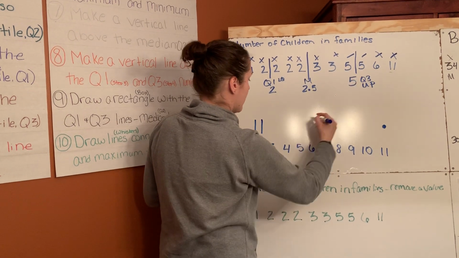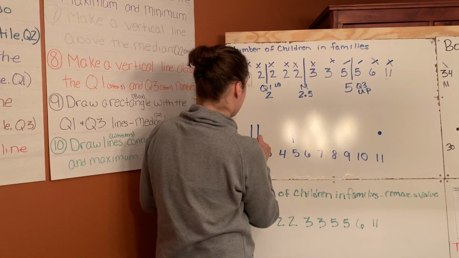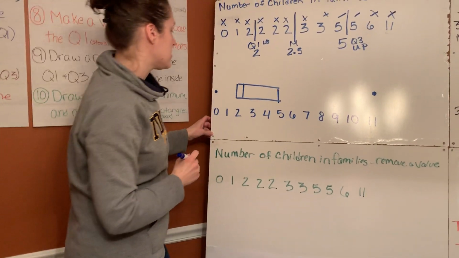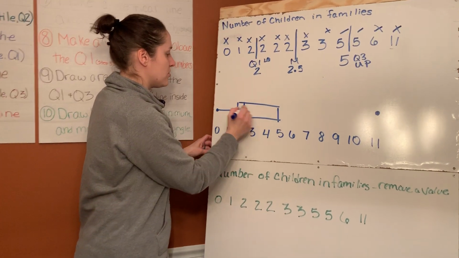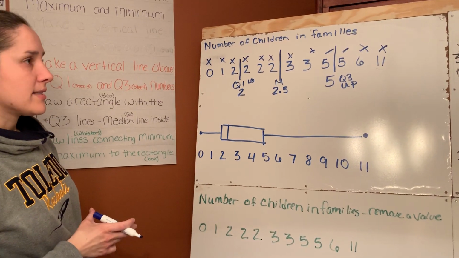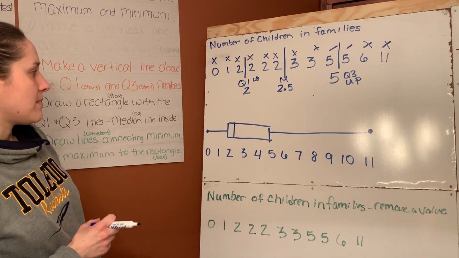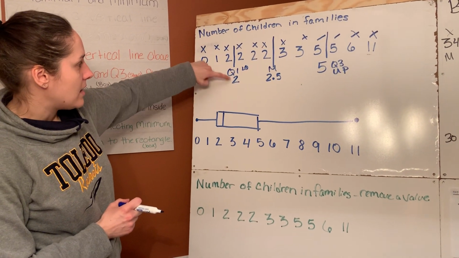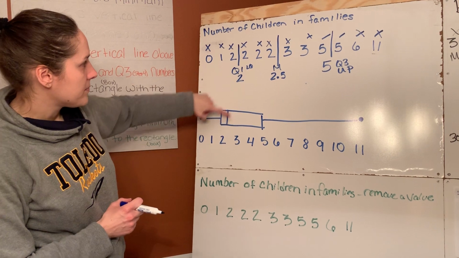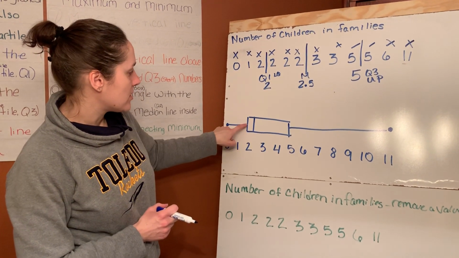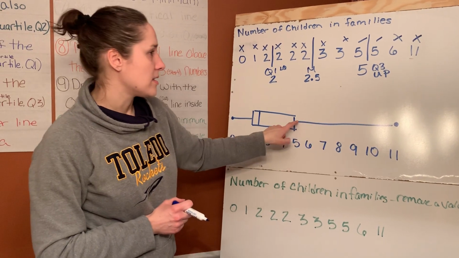Put a line at your upper quartile, 5. Connect your quartiles. Draw in your whiskers. Much quicker that second time around once we have a basic idea of what we're doing. Again, a line at your median, a line at your quartile 1, a line at your quartile 3. Connect your whiskers to your box, your whiskers to the box.